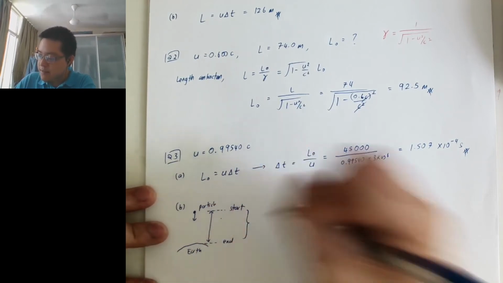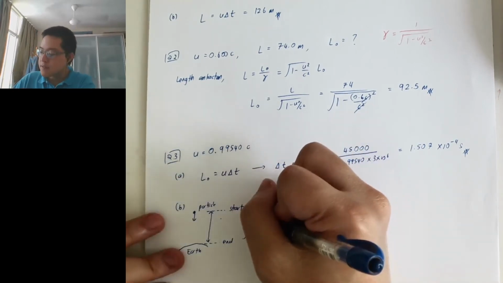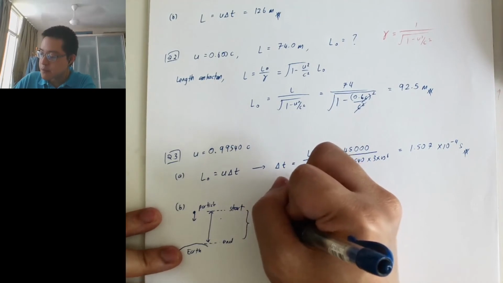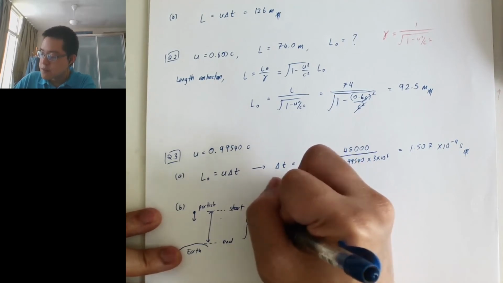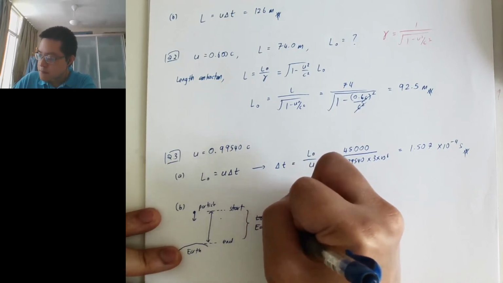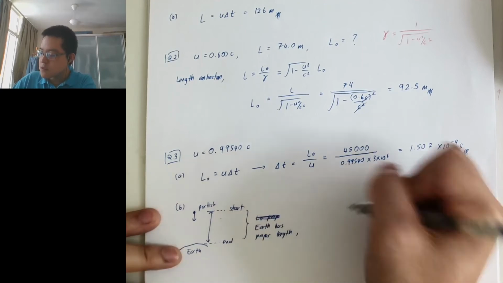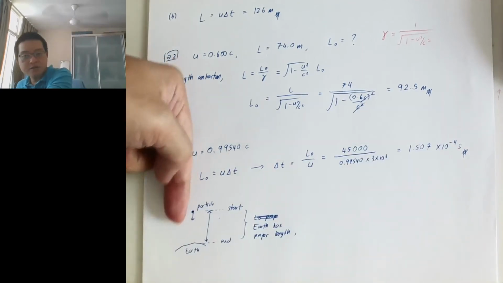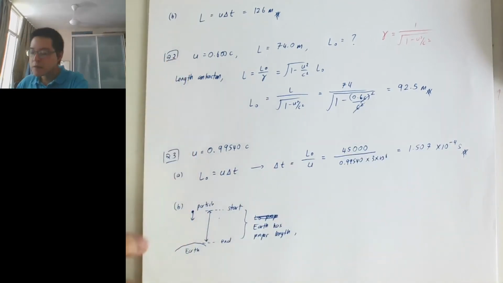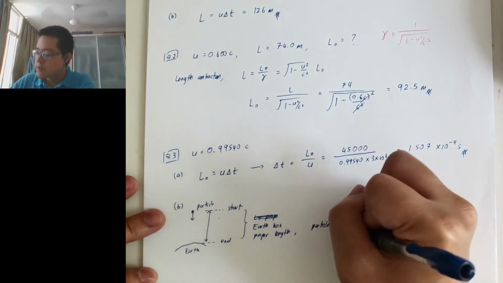So this length is the proper length in the Earth frame. Earth has a proper length, and the particle is traveling relative to this length. Therefore, the particle will have the length contraction value.